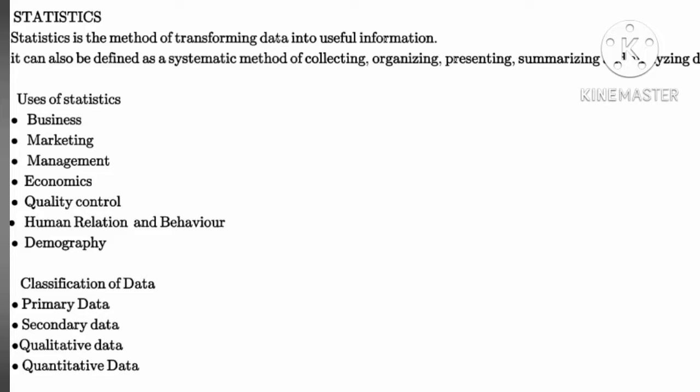So the methods of statistics are collection, organizing, presenting, summarizing, and analyzing. Those are the basic methods of statistics, and they are coupled together with the definition of statistics itself. So you have to understand the full concept of what data is.